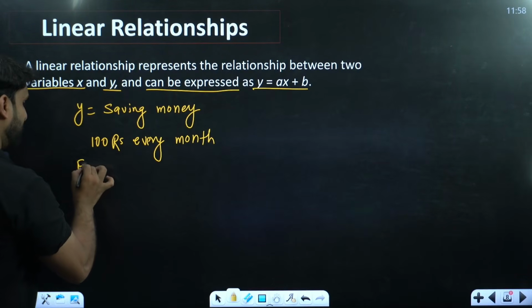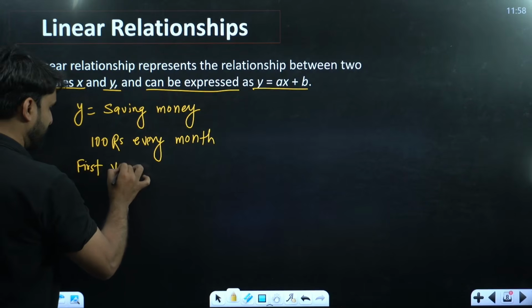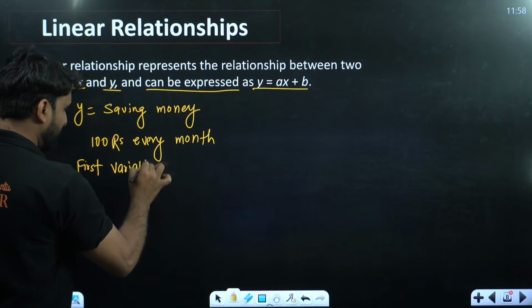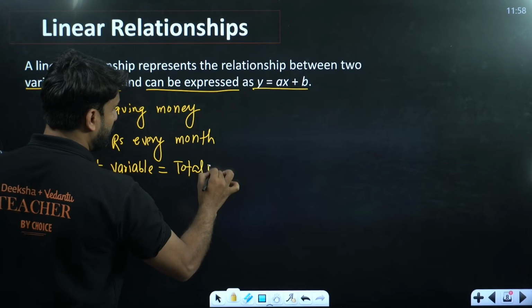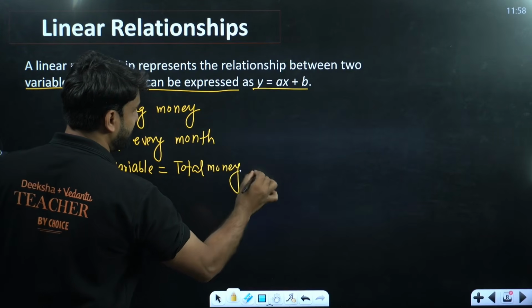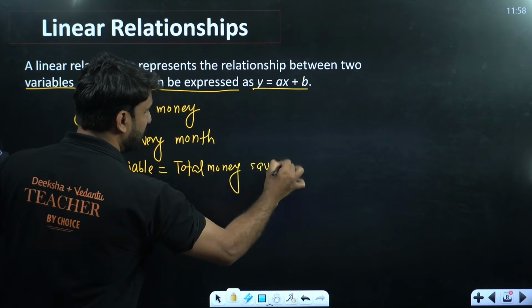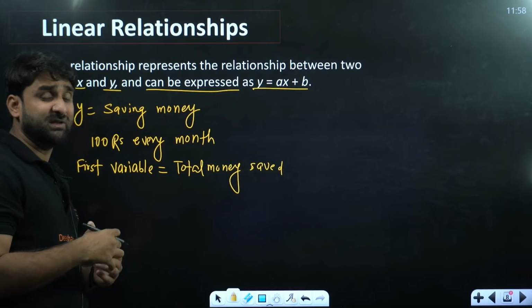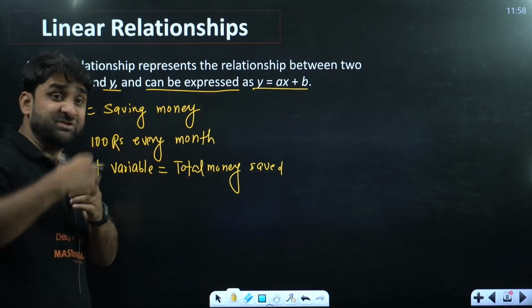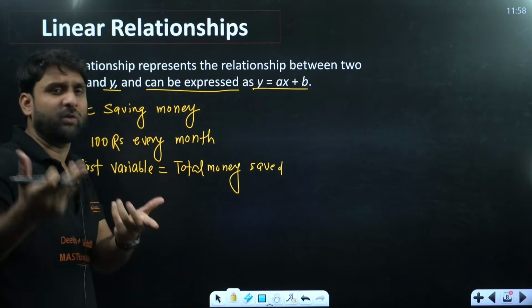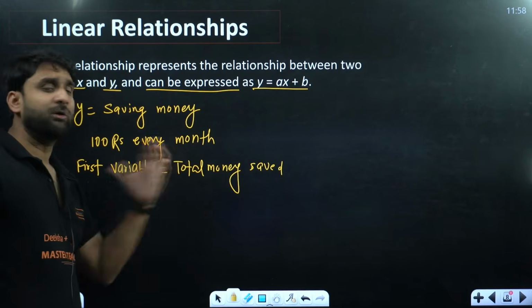The first variable will be the total money saved. This will be the first variable because the money you have saved is changing with the month.